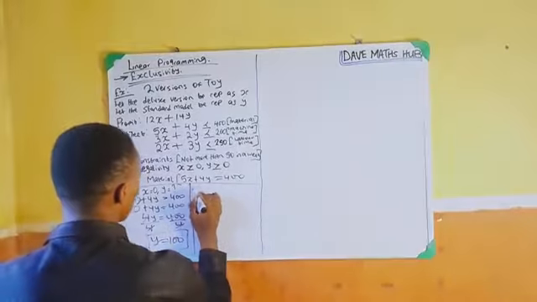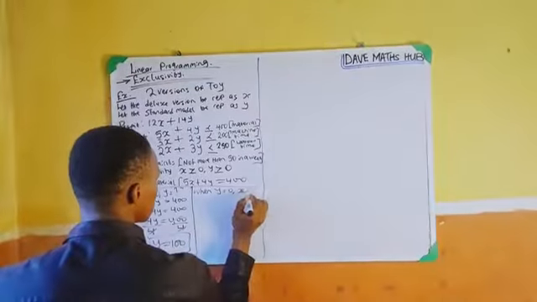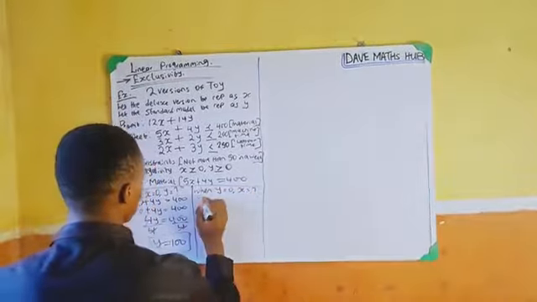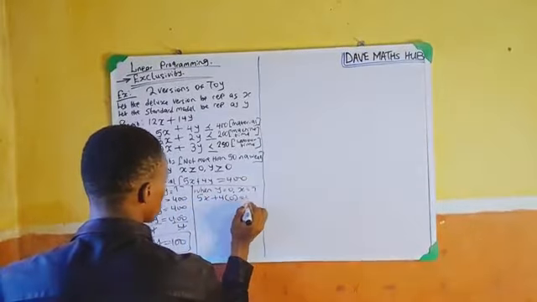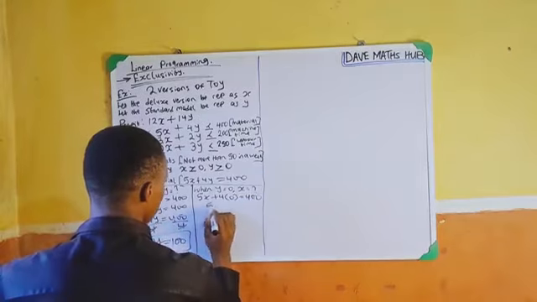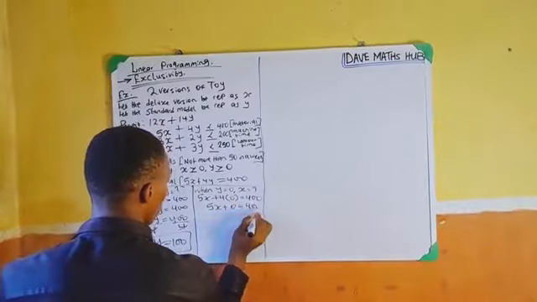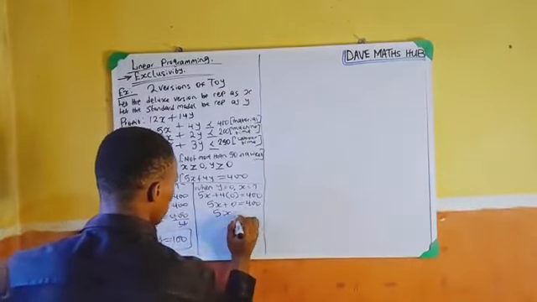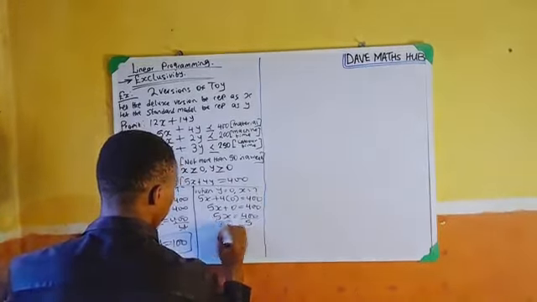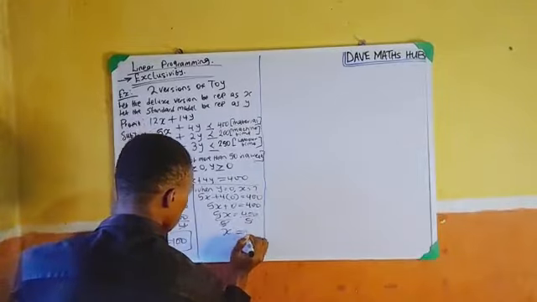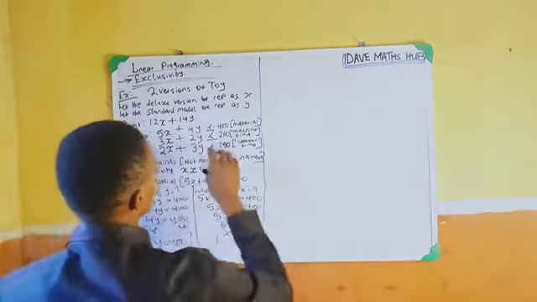Then do the same thing. When y equals 0, x is equal to question mark. So that is 5x plus 4 open bracket 0 equals 400. 5x plus 4 times 0, 0, equals 400. 5x equals 400, divided by 5, x equals 80.